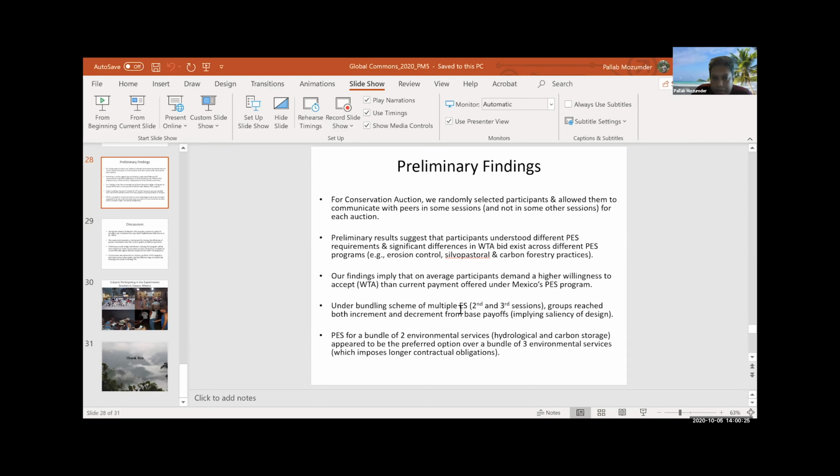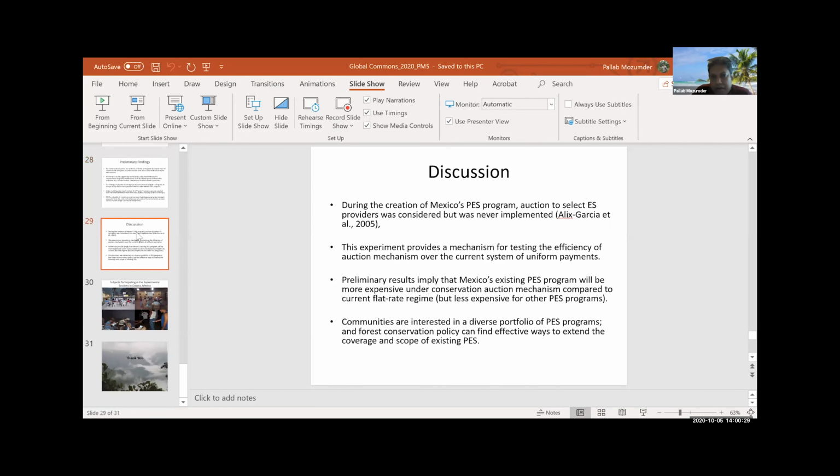That being said, in most places you see this PES program implemented as take it or leave it. The community doesn't have any say about their preferred price and so on.